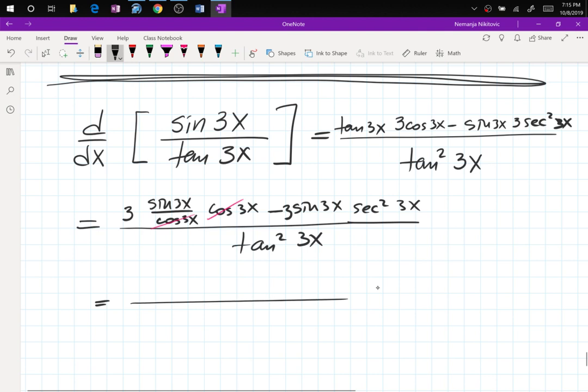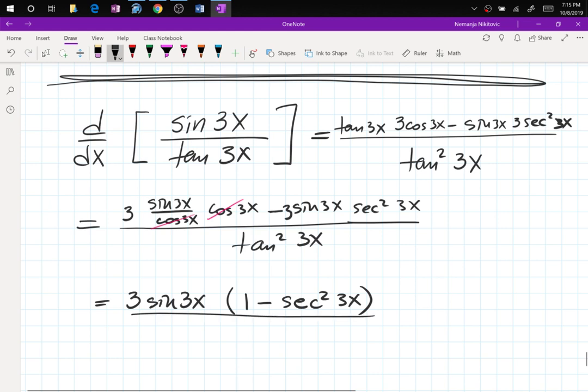So we can kick 3 sine 3x outside. And what you are left with is 1 minus secant squared 3x divided by tangent squared 3x.